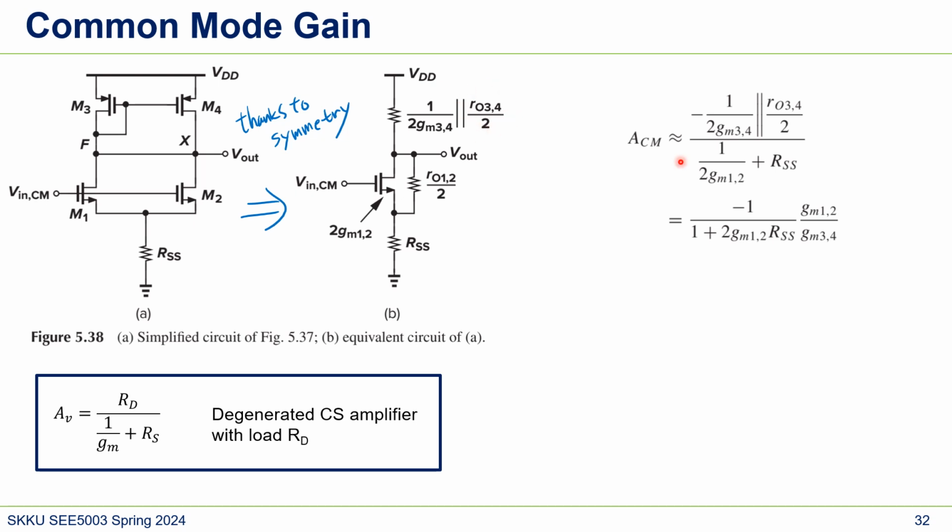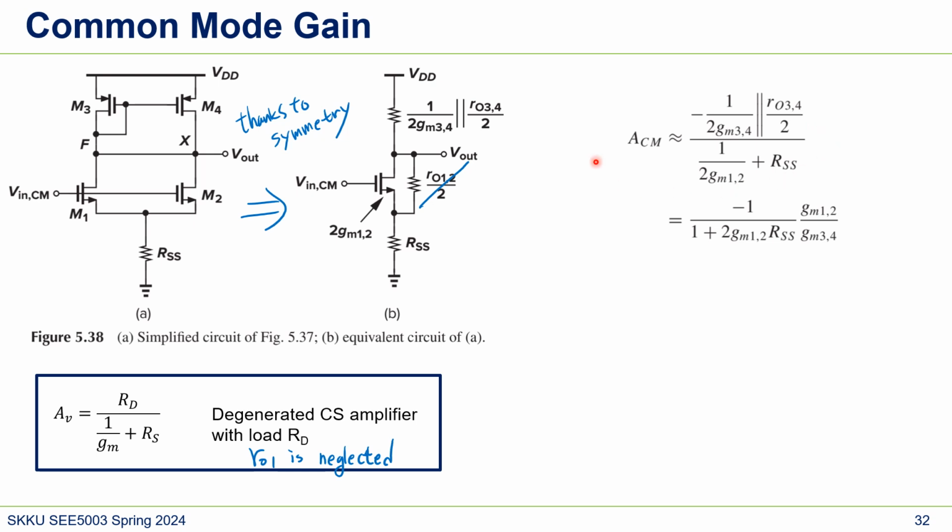So if we calculate the gain here, this is actually a degenerated CS amplifier with load RD, but we should remember that here RO1 is neglected. So here too, we're just going to ignore this RO1 for simplicity, and this is also a huge value.